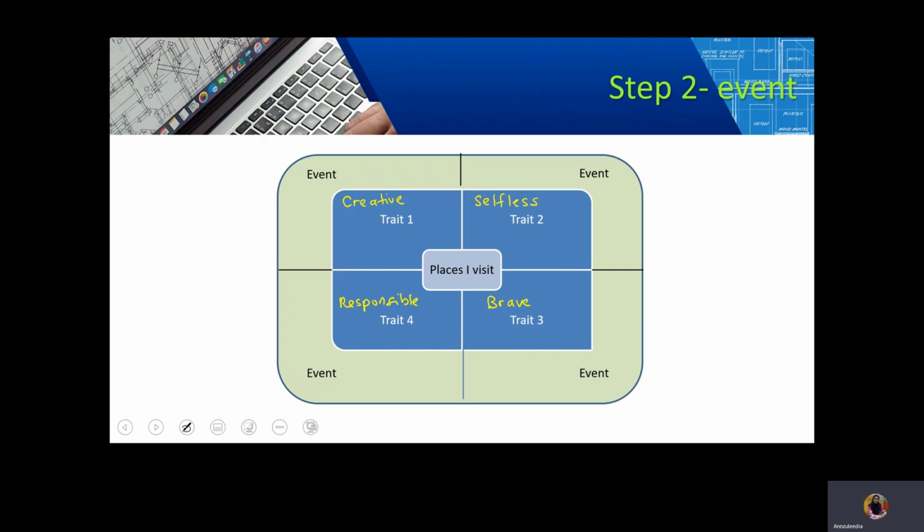Okay, next layer. We need to give the event to show when Newt was creative. Okay, all right. So let's look at here, event.